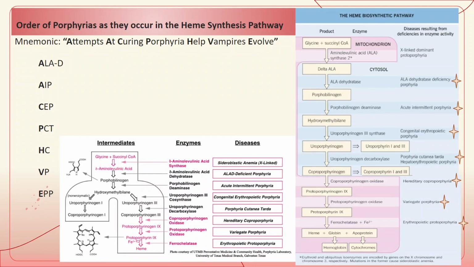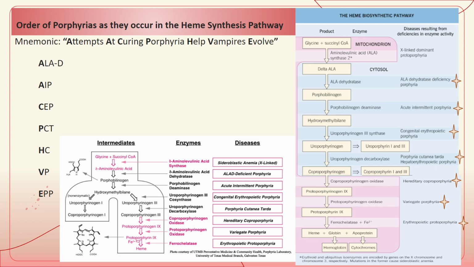Here's another mnemonic, and I know your eyes are glazing over. I can see them. It's okay. Try to use these mnemonics, or you could do your best and just take the L on what you don't know. The mnemonic here is the order of the porphyrias as they occur. These are the names of the diseases in respect to the enzyme or the pathway going top to bottom.